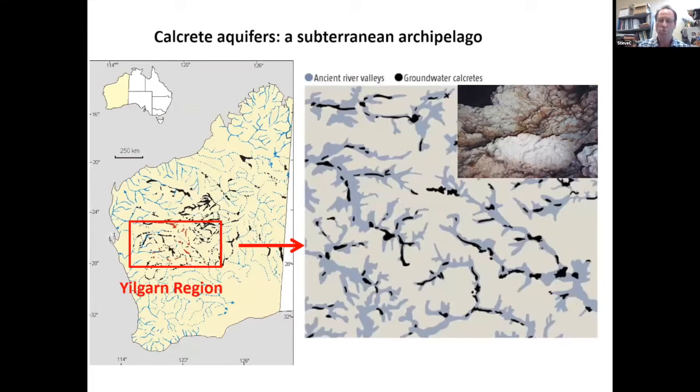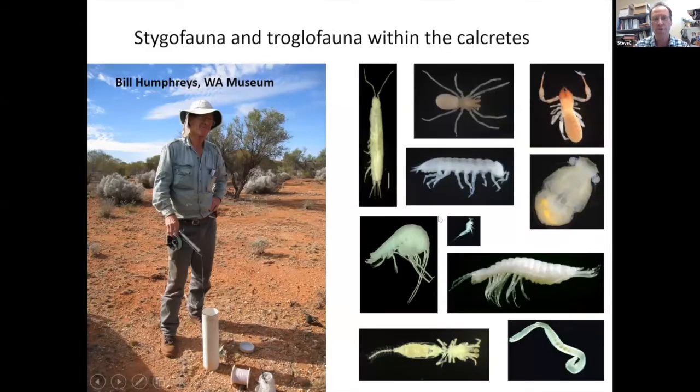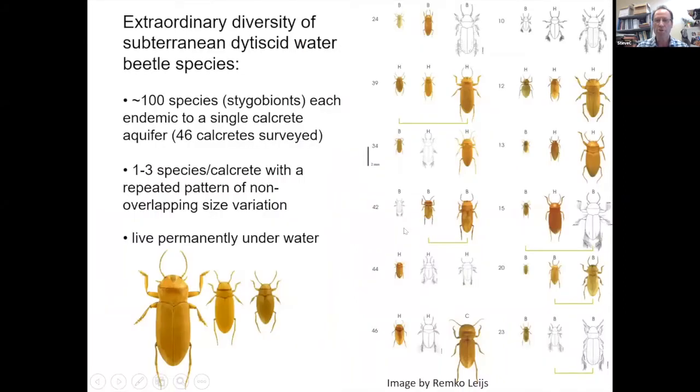And one really nice system comes from this region of Western Australia, where there are these calcrete aquifers, shown here in black, bodies of water distributed along ancient paleo drainage systems. And many years ago now, Bill Humphreys from the Western Australian Museum and Stefan Eberhard discovered a very diverse stygofauna and troglofauna from these calcrete aquifers. But one of the most interesting groups was this subterranean dytiscid beetle fauna.